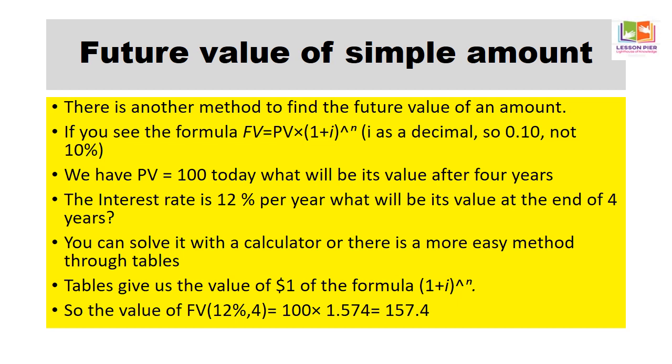This can be further easily solved by tables which are easy and are shown on the next page. Same example, I will solve it through these future value tables which are easily available on the computer also and in the books also, and you are allowed to use them in the exams.